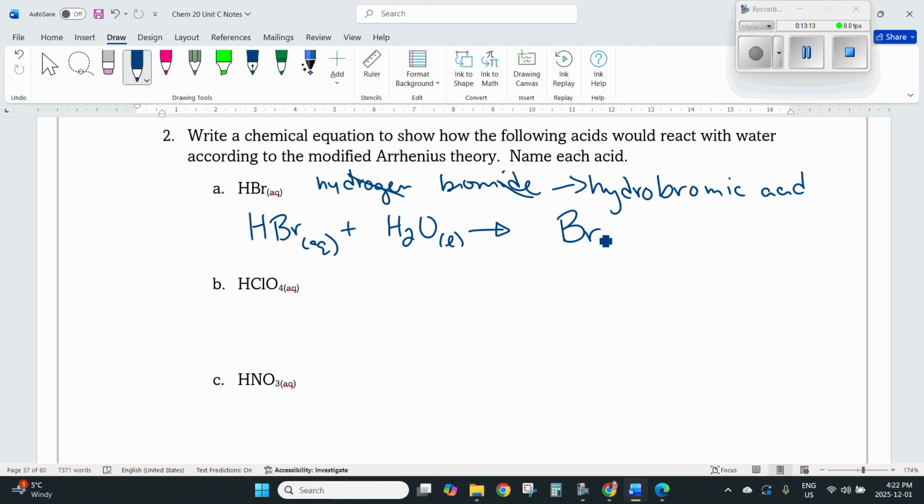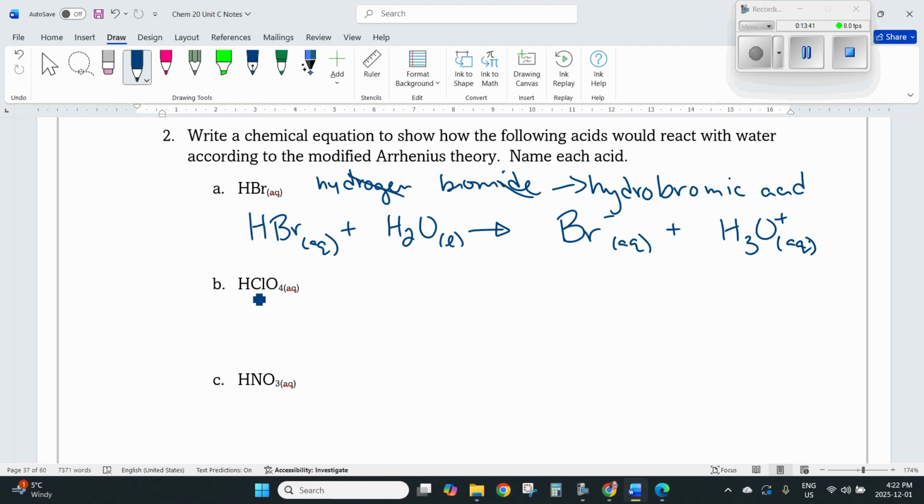Your bank account was at 0, and if it loses one positive charge, that makes it a -1. So now we have aqueous plus. The hydrogen has to go somewhere, and according to Arrhenius's modified definition, water is going to accept that hydrogen ion to become a hydronium ion. So now we have H3O+ aqueous.